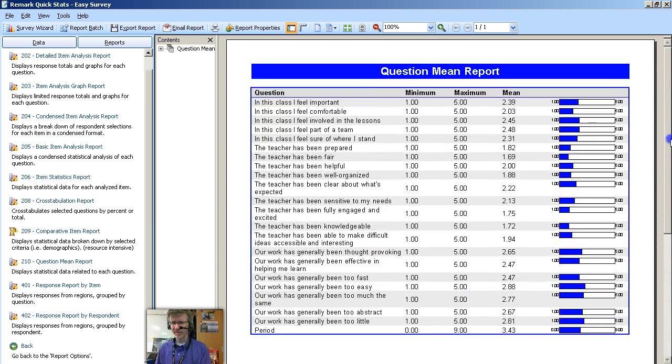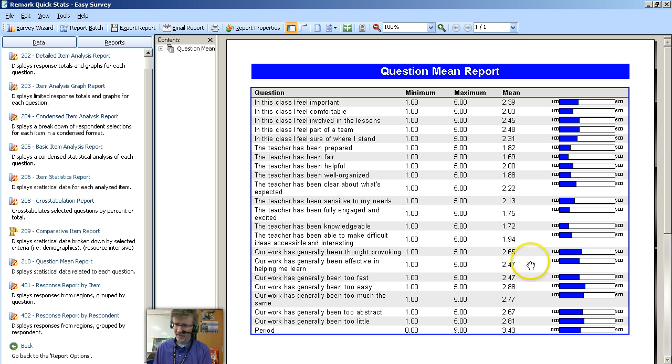The question mean, given all of the choices we had, where generally do they fall out? Are they above halfway from so important to unimportant, or are they on the other side?